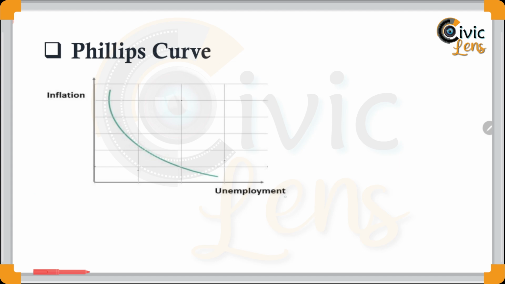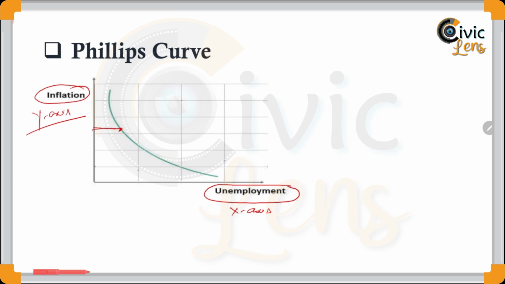So here is your Phillips curve. Here the rate of unemployment is shown on the x-axis, and as you can see, the rate of inflation is shown on the y-axis. Now let's take one point on the Phillips curve. Corresponding to this point, we will try to find the rate of inflation and the rate of unemployment.